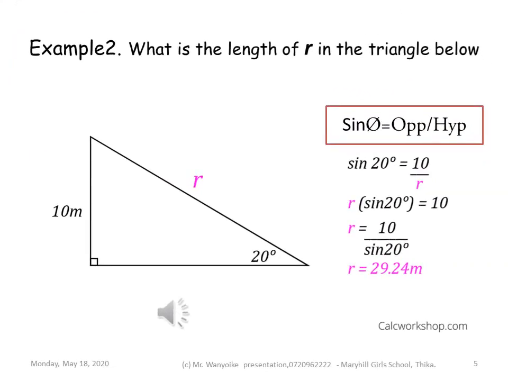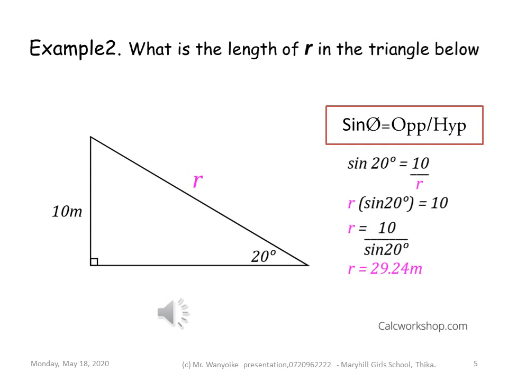Example 2, what is the length of R in the triangle below? For us to find the size of length R, we need to still use our formula sine theta is equal to opposite over hypotenuse. So we say sine 20 degrees will be equal to opposite, which is 10, divided by hypotenuse, which is R. And when we cross multiply, we get that R sine 20 is equal to 10.